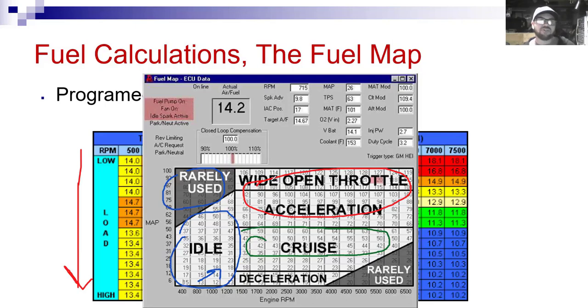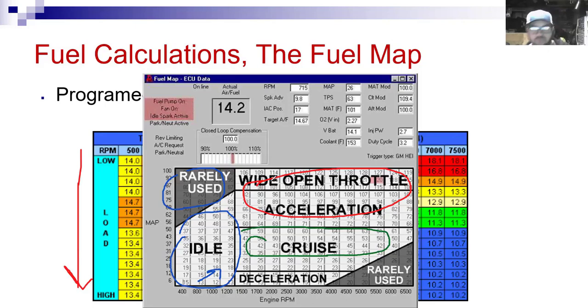If I was going for something that was just really high economy, getting the maximum miles to the gallon, again, I could change this map so that my amount of fuel that I give the engine is different to squeeze out more miles per the gallon, right? So any factory computer, this fuel map is going to be a compromise on fuel economy, performance, emissions. And the other thing I should add in there is I got to keep the engine safe. I don't really want to be burning up pistons in this engine.